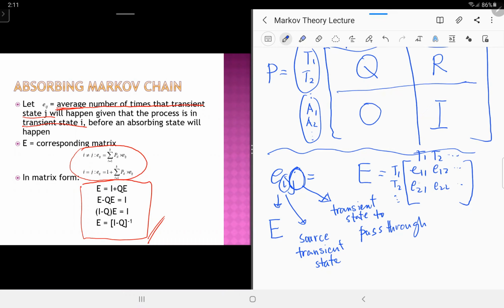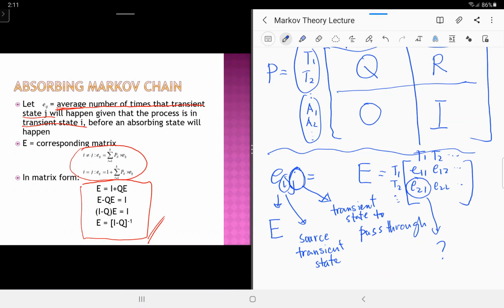Okay, so to interpret, what does E21 mean? E21 simply means that you are in transient state number 2 and you are counting the average number of times you would have to pass through transient state 1 before you finally get absorbed.